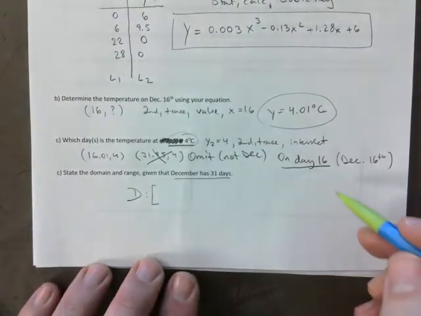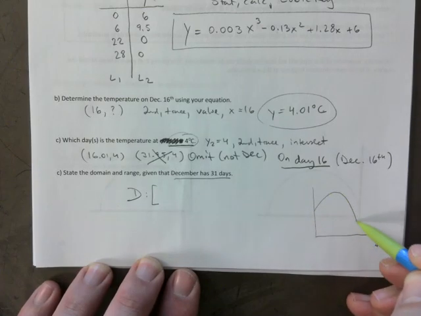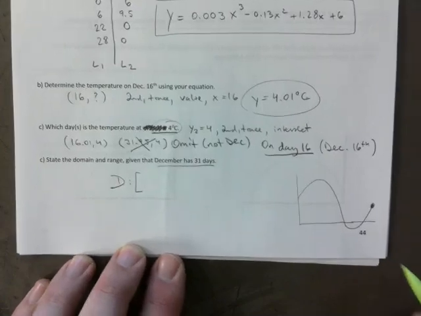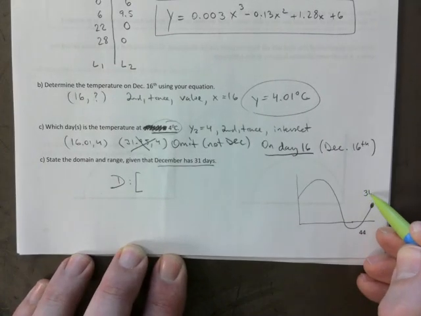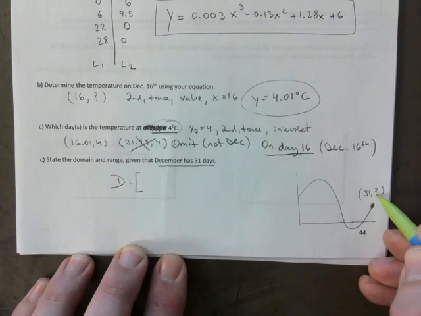So let me just do that real quick here on the side. You go like this, you go below and over. So it stops right here for us. So we know the x value is 31. We don't know what the y value is, but let me see here. Do we need this y value?